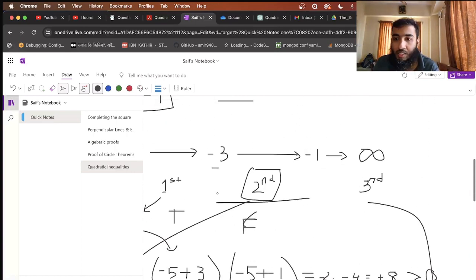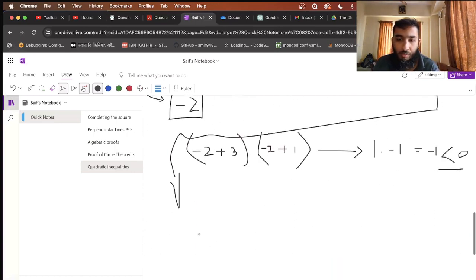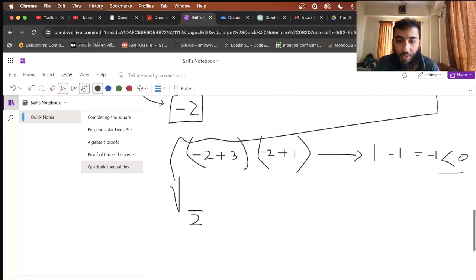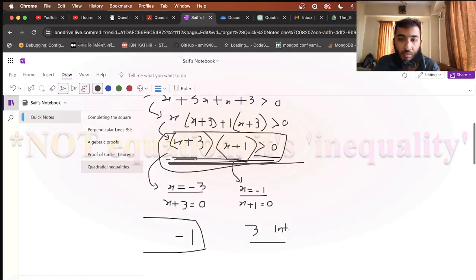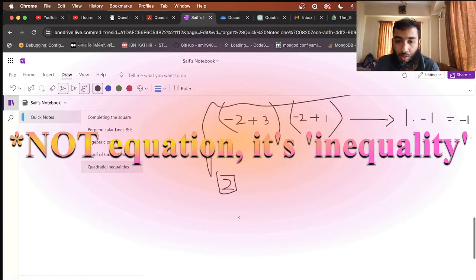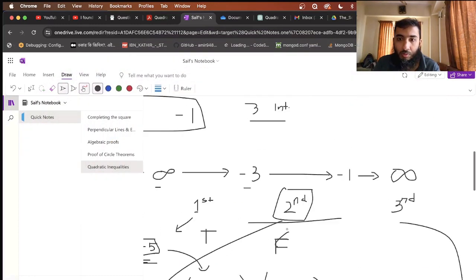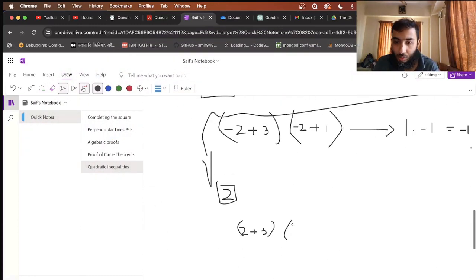Let's say what is in between minus 1 and infinity. Let's say 2. So if we use the value of 2 in this equation, what will be the value? 2 plus 3 multiplied by 2 plus 1. 2 plus 3 is 5 and 2 plus 1 is 3.